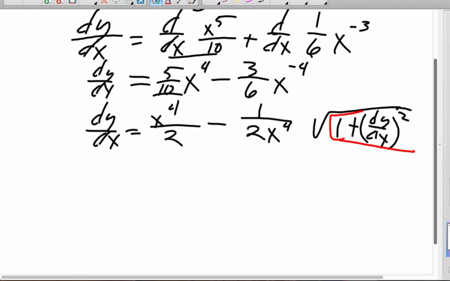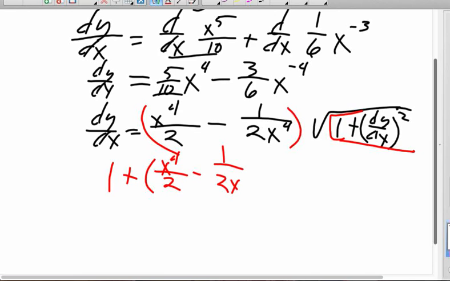I've got a 1 plus dy dx squared. All right, well here's my dy dx squared. So the first thing I'm going to do is I'm going to have a 1 plus, and then this whole thing, x to the 4th over 2 minus 1 over 2x to the 4th, squared.